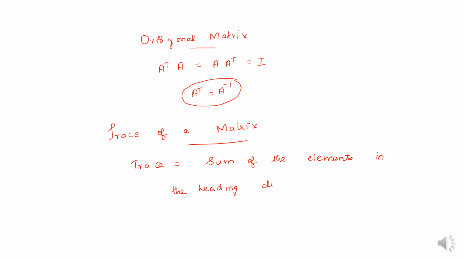That is known as trace of a matrix. Okay, see, I am going to give one example. 102 எடுத்துக்கோ. 0, 2, 0, 1, 3, 5. So இதில் என்னோட trace of the matrix என்ன? Sum of the elements in the leading diagonal. So this is a leading diagonal, no? What is the sum? 1 plus 2 plus 5. That is 8, the trace of the matrix.